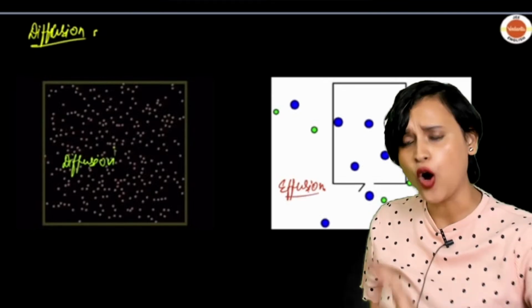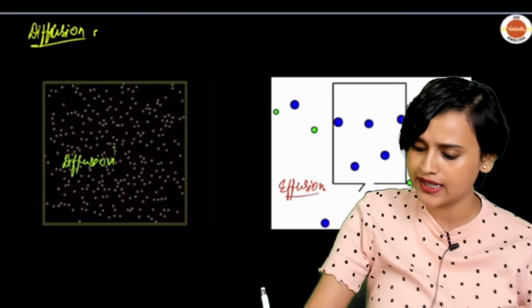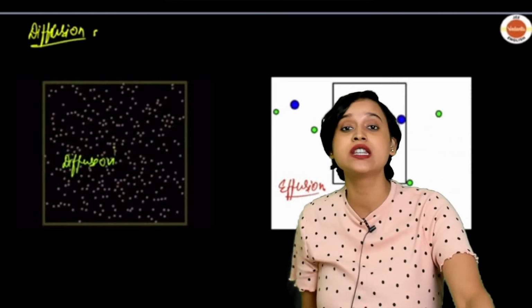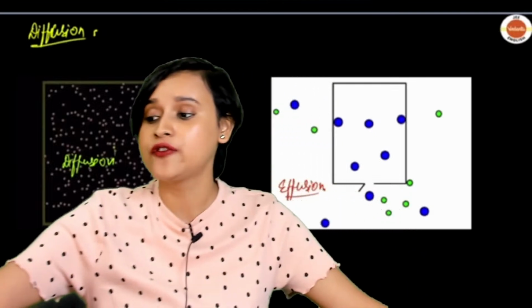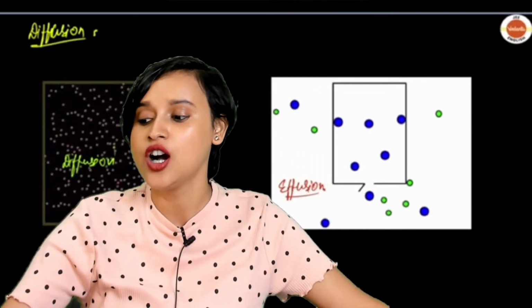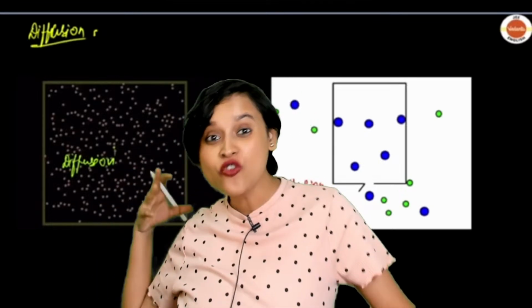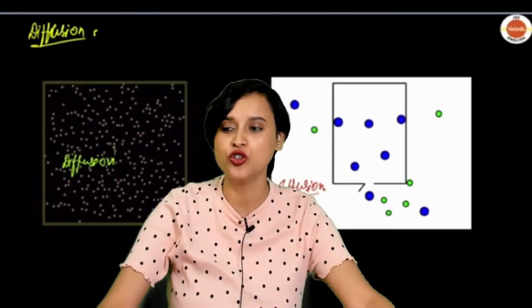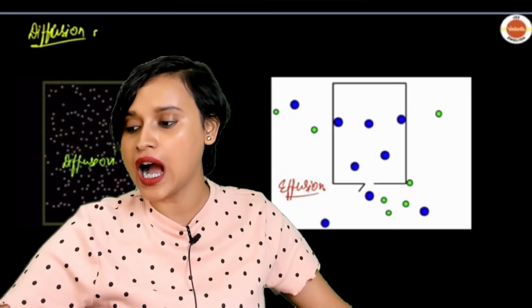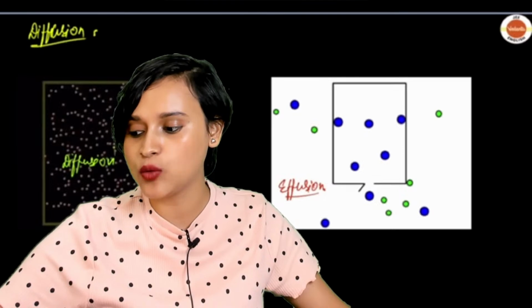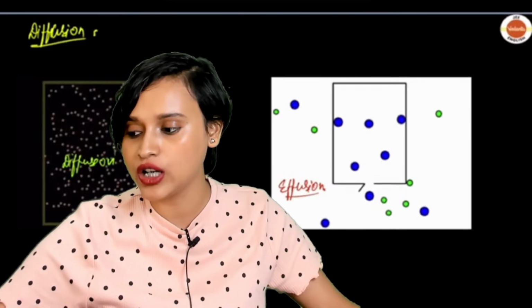The formula is quite similar for both, because in both cases you see a random motion. However, the only difference is that in effusion the gas is moving out from high pressure to low pressure. That is exactly what is happening, and that's why we call it effusion.